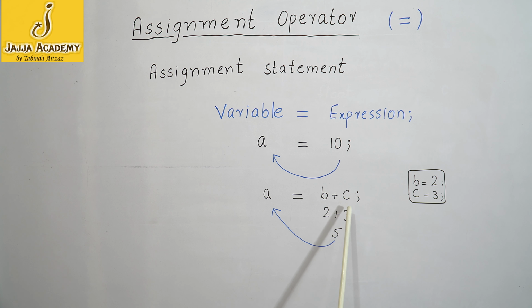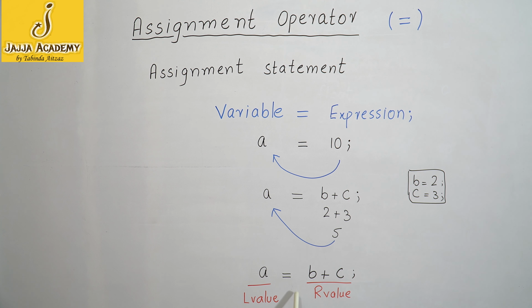Then this expression will be evaluated first, like 2 plus 3 is equal to 5, and after evaluating this expression, the resultant value, which is 5, will be assigned to the variable on the left side of this assignment operator. Remember, an assignment operator can only transfer the value from right to left side.